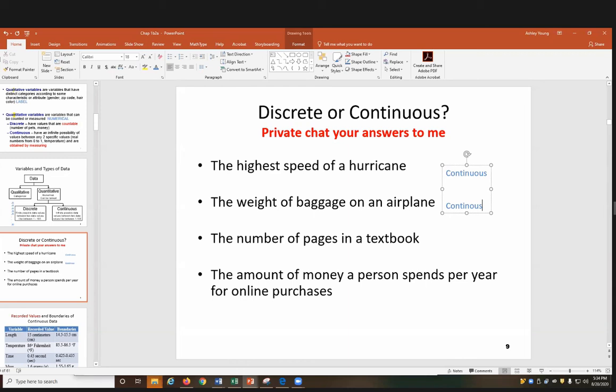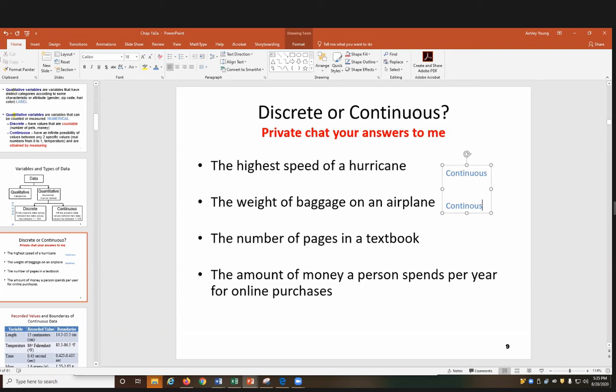In other words, you're taking something continuous and making it discrete by rounding it to a certain number of decimal places. If you explained that on an exam, saying it's discrete because you're rounding it off to the nearest hundredth, then that would be okay. But otherwise, unless you've given me that explanation, weight itself is measured, so it's continuous.